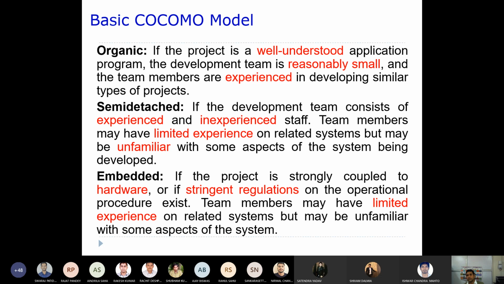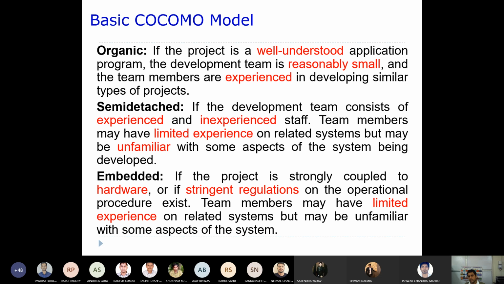Whenever the project is a very well understood application program, where all the requirements are known, and the development team is reasonably small, the team members are very experienced and have developed similar projects in the past, then that sort of project is considered organic.